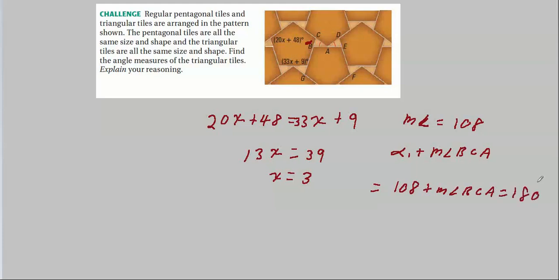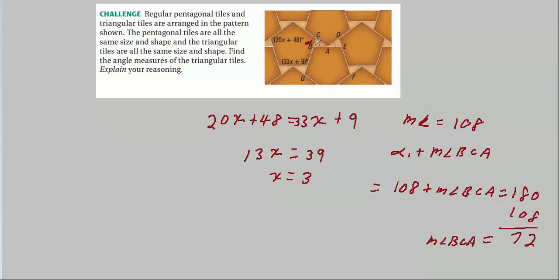It's a linear pair. So if we subtract 108 from 180, we get 72, and that is the measure of angle BCA. It's supposed to be a B. It looks a lot like an R, doesn't it? So that's that angle right there.